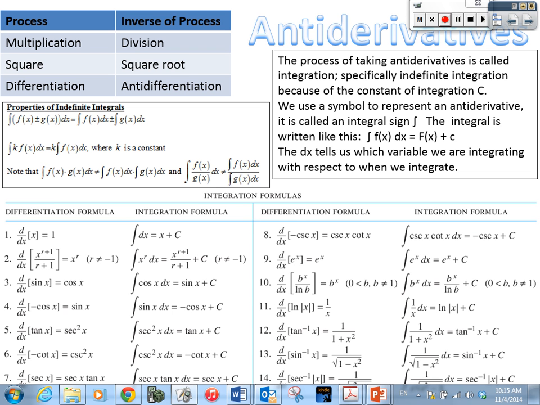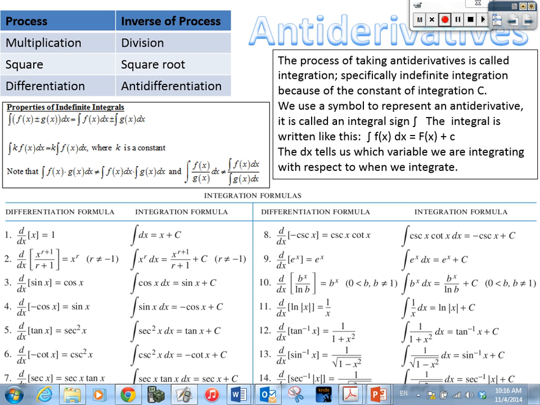Like in middle school, you learn how to square things and then square root. If I square 5 and then I square root my result, I'm going to be back to where I started, right? And that is the same kind of concept that we have with differentiation and antidifferentiation. So I take the derivative of something, and then I take the antiderivative of it. I'm back where I started from.